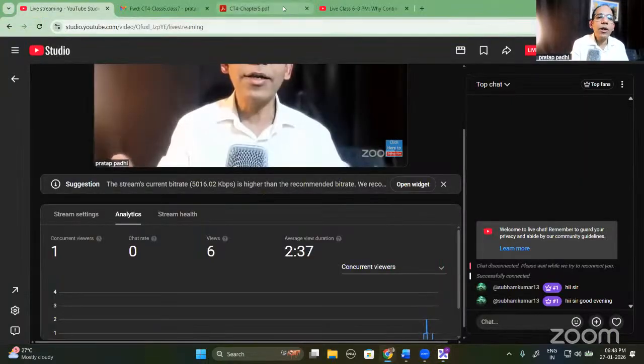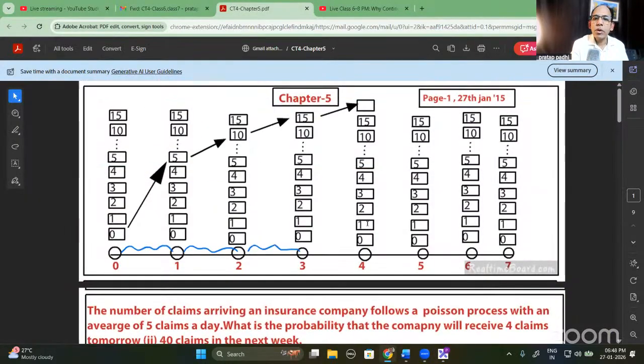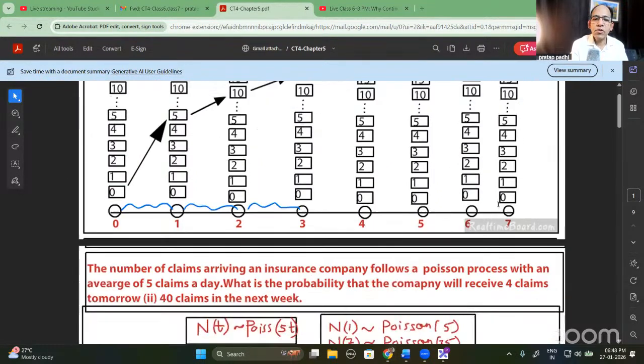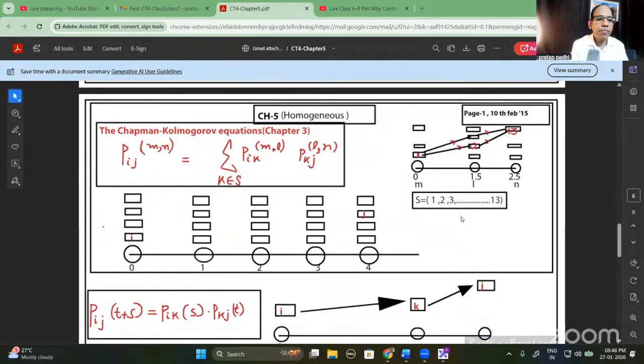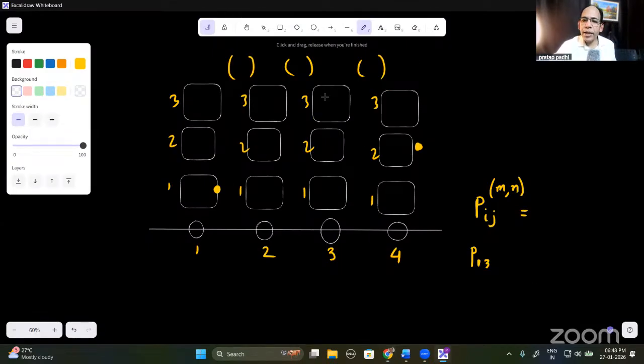The notation also I will show you once. I have already notes. This was 2015. I taught online only. I just saved it. If you see where I've written this, P_ij^(m,n). This symbol I'm saying. P_ik and P_kj.